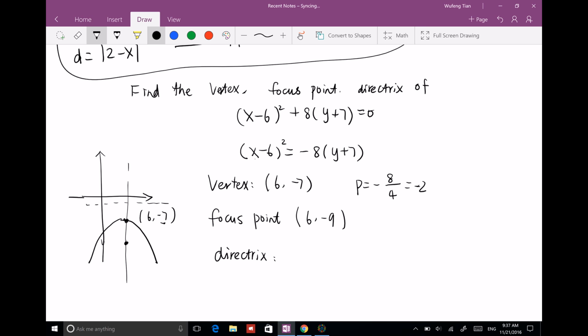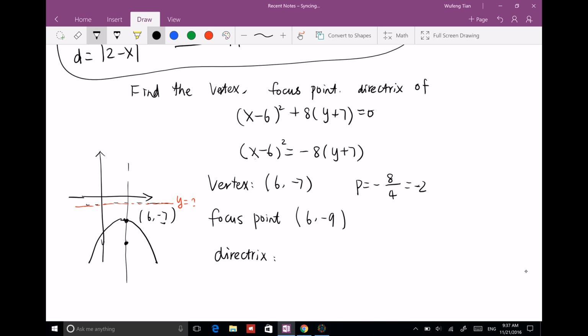For the example, this is y equals 1, right? So directrix is this line here. So it's y equals something.